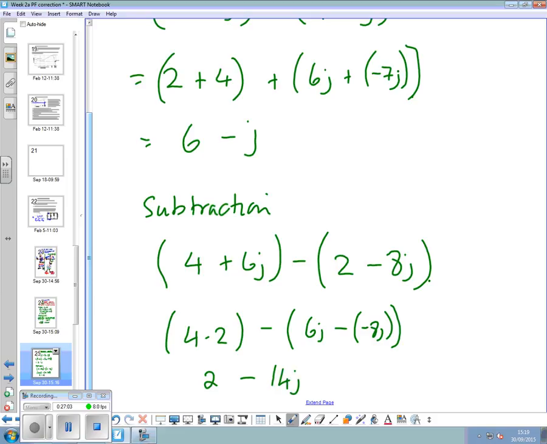Correct. Yeah, that's right, because that effectively becomes 6 minus. Okay, so that's subtraction.